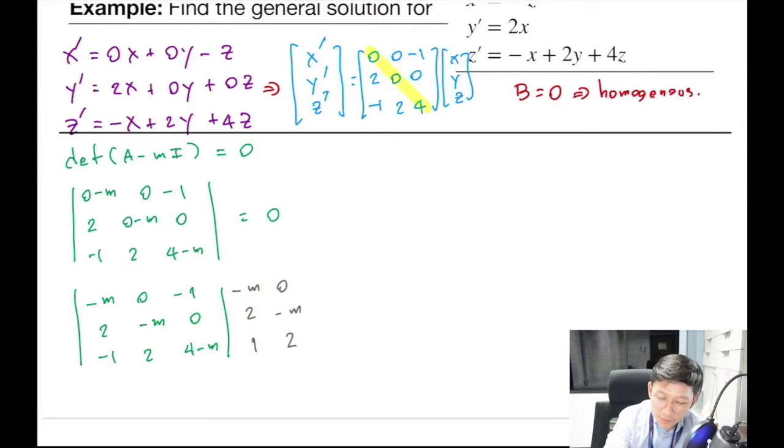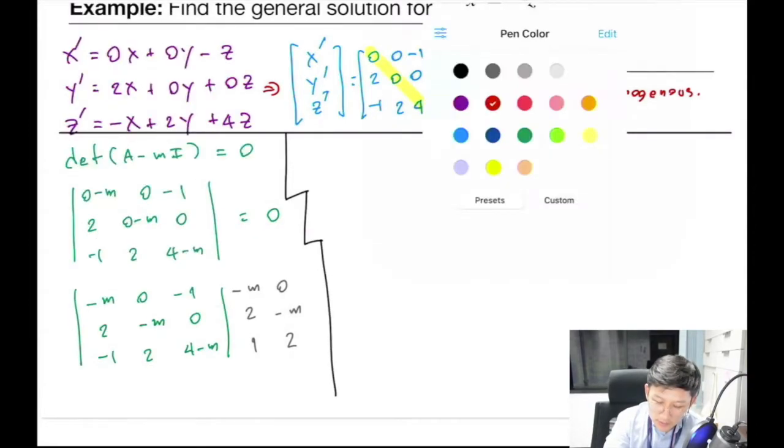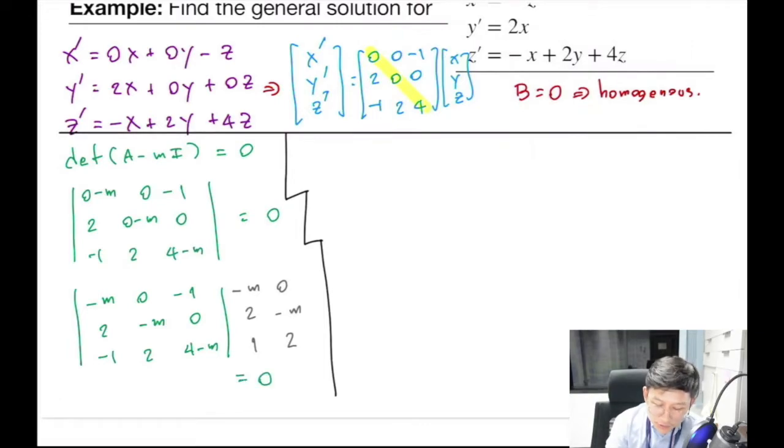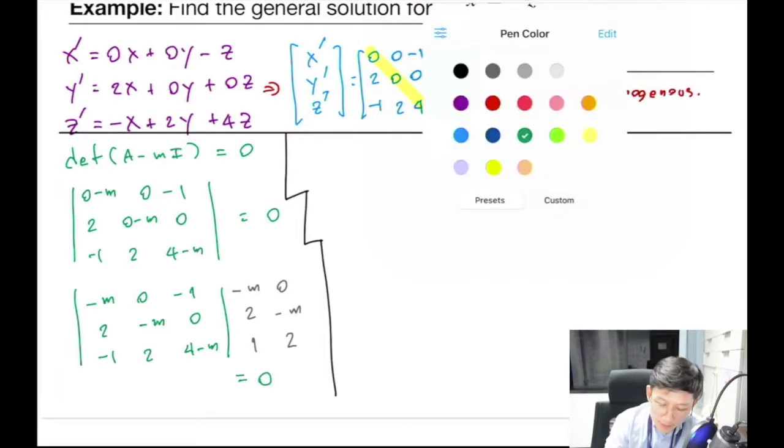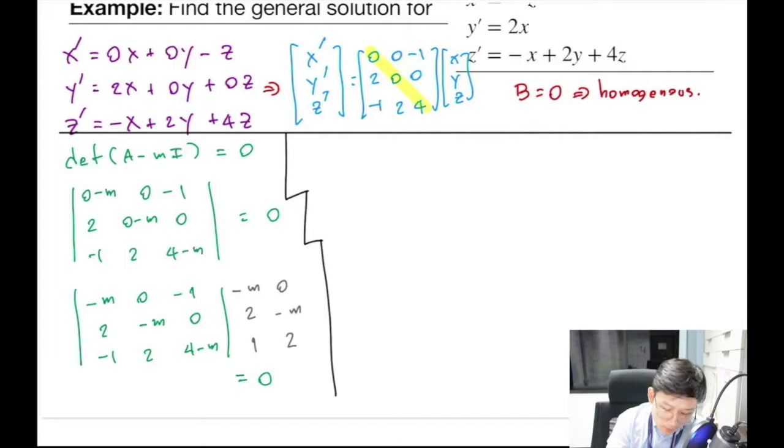So here, this determinant equals 0. The first one we would have minus m times minus m times 4 minus m, and then we get 0, and then minus 1 times 2 times 2.